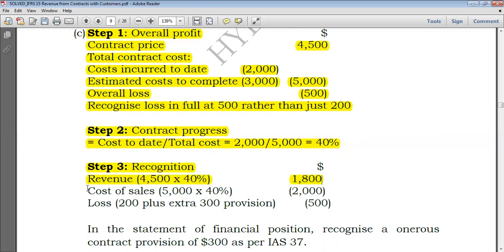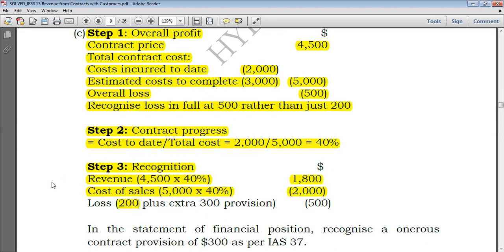And then you come to cost of sales just like normal. You take your total cost, that is 5,000, and you multiply by 40% minus 0%, which remains at 40%. So you have 2,000. So your revenue, that is 1,800, minus cost of sales, gives you a loss of 200, not 500.